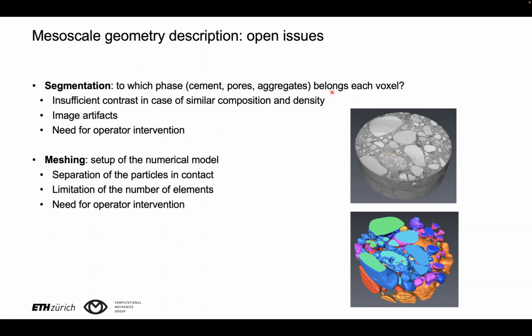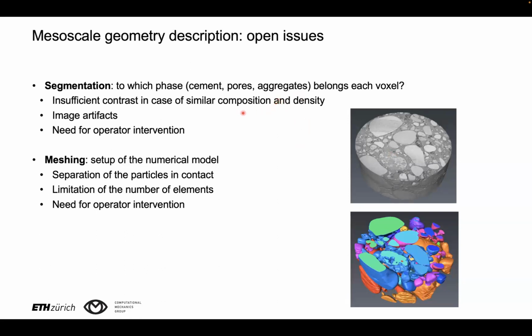And here one of the issues is the possibly insufficient contrast in case of similar composition and density among the constituents. For standard concrete types, it's quite common that the cements and the aggregates have a very similar chemical composition, which implies that there will be a very low contrast between cement and aggregates.